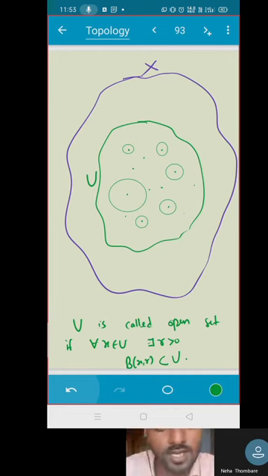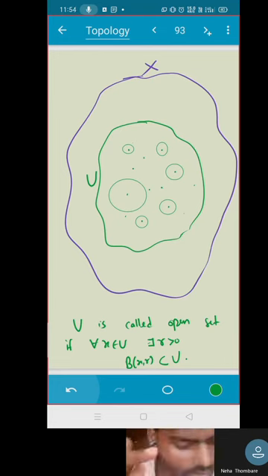Take any point in the set U, I should always be able to find an open ball which is completely contained inside. That is important. This open ball should be already inside the set U. That means all the elements of this open ball should be of the set U only. It should not be of any other set.